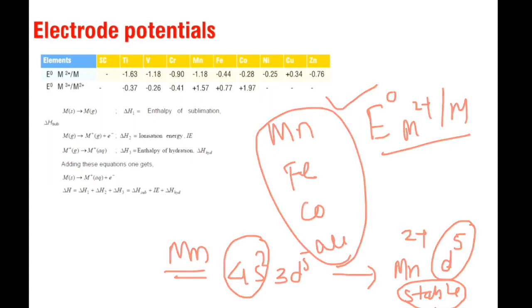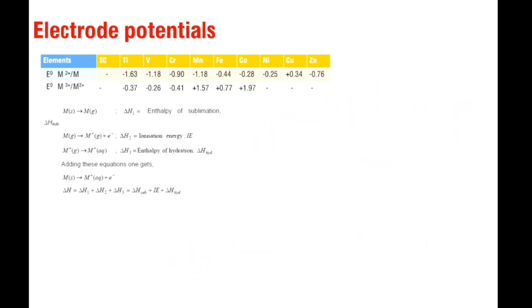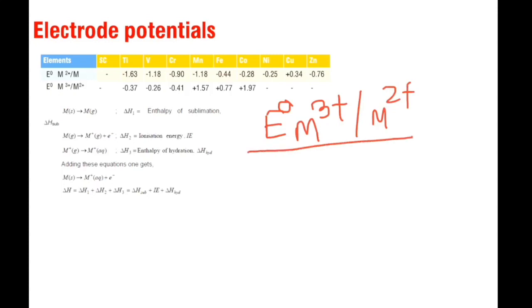Now we compare the reduction potential of M3+/M2+. Look at here.